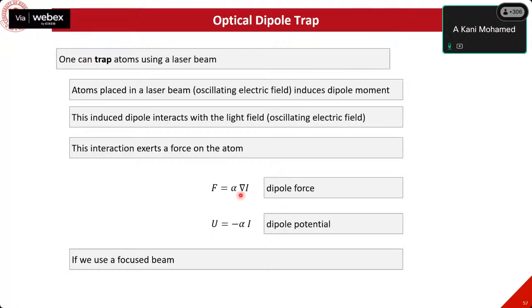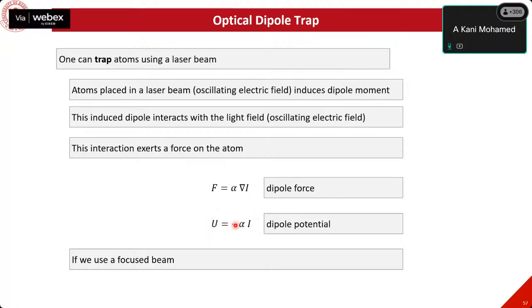This is a dipole force, but what we were talking about in the cooling mechanism was a scattering force. This dipole force is experienced by a dipole in an electromagnetic field. Similarly, we can write the potential, which is minus alpha I. If I is constant, a plane wave, then there won't be any force and the potential is neutral.